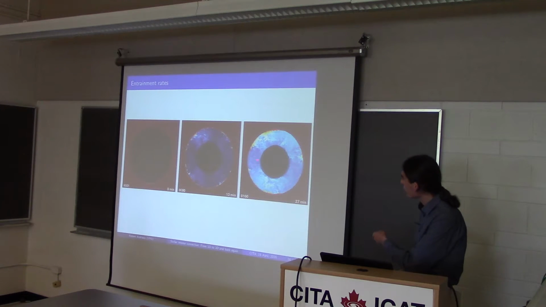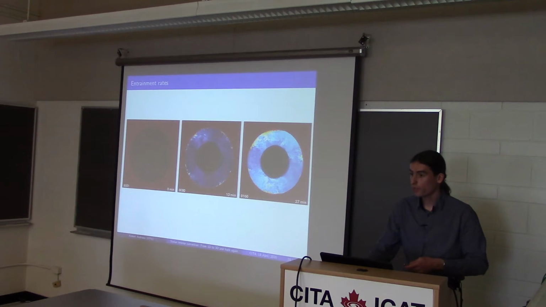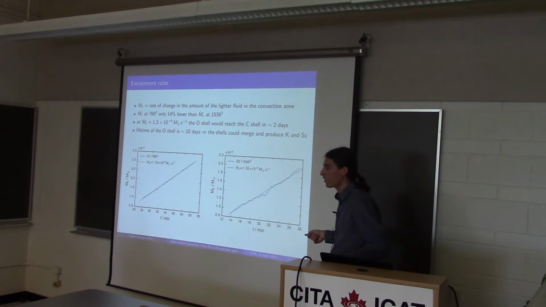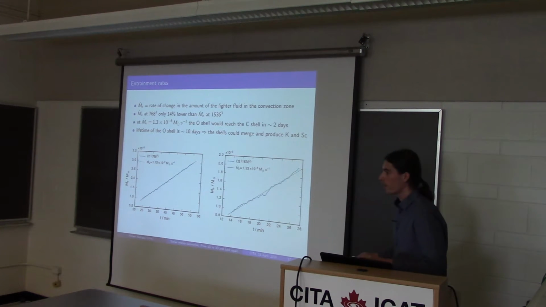You can integrate over the whole convection zone, and you get the amount of the entrained material as a function of time. And the growth of this curve is surprisingly very close to linear. You can do this at 768 cubed and also at 1536 cubed. And the slope of this curve is, of course, the entrainment rate.